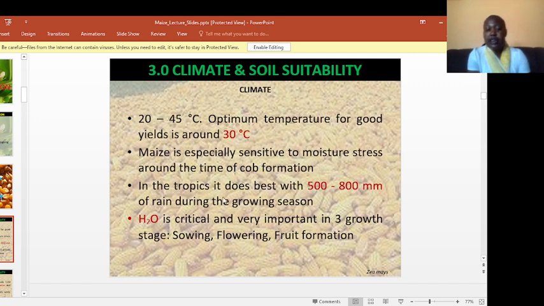In the tropics, it does best with 500 to 800 millimeters of rain during the growing season. Water is critical and very important in three growth stages, that is in sowing, flowering, and fruit formation.